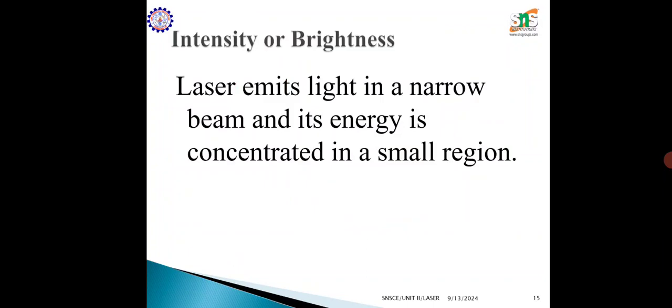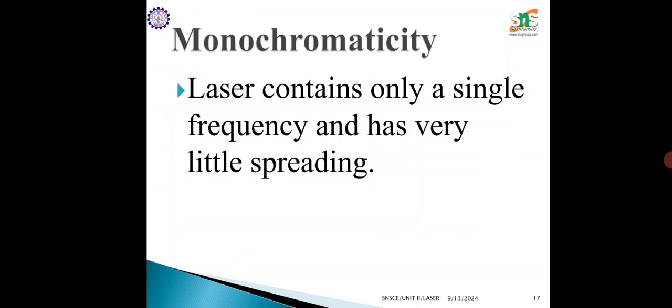The next one is brightness or intensity. The laser light is concentrated on a small area, appearing like a point, so the intensity is more. And monochromatic: this is based on the material, and it has a single wavelength, a single frequency and less spreading.